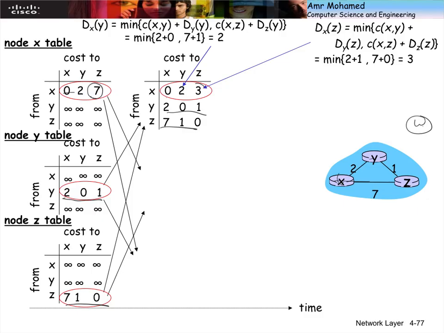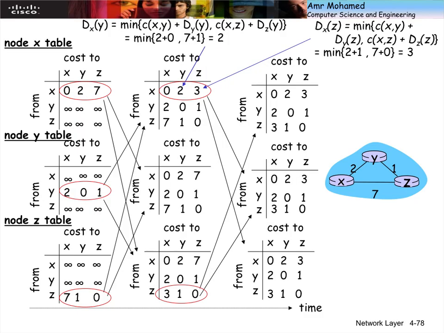Because this changes, I need to update the routing table, which means that in the next iteration, I have to report all this line to my neighboring nodes. If something changes, then I need to report to all the neighboring nodes. Node Y will have to do the exact same thing.